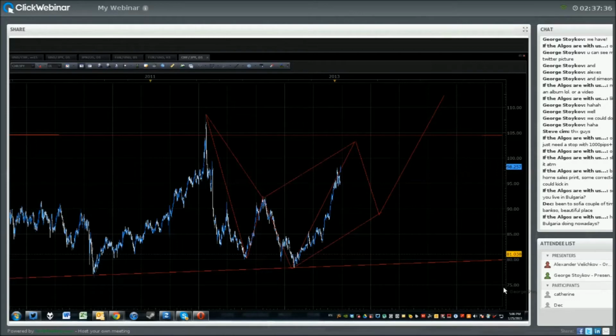How is Bulgaria doing? Bulgaria is not doing so good. I mean, much better than the rest of Europe, to be quite frank. We are so poor that we cannot get poorer, so it doesn't make much of a difference for most Bulgarians what happens. On the bright side, now the Greeks are as poor as us, so we don't feel so bad about ourselves. That is just a bad taste for a joke. But to be quite frank, I'm very happy with Bulgaria.